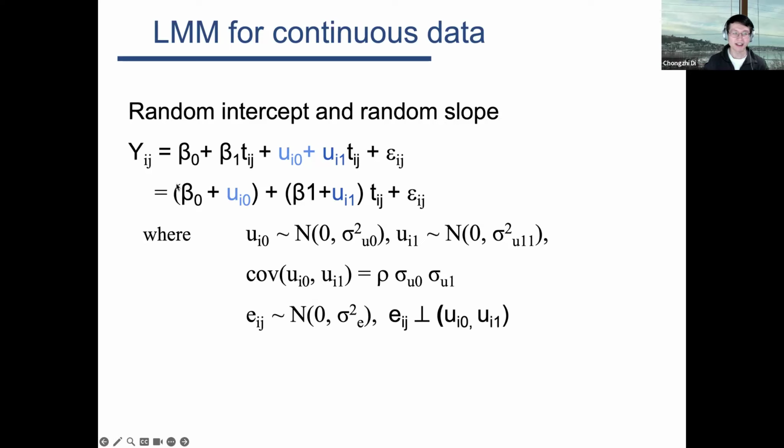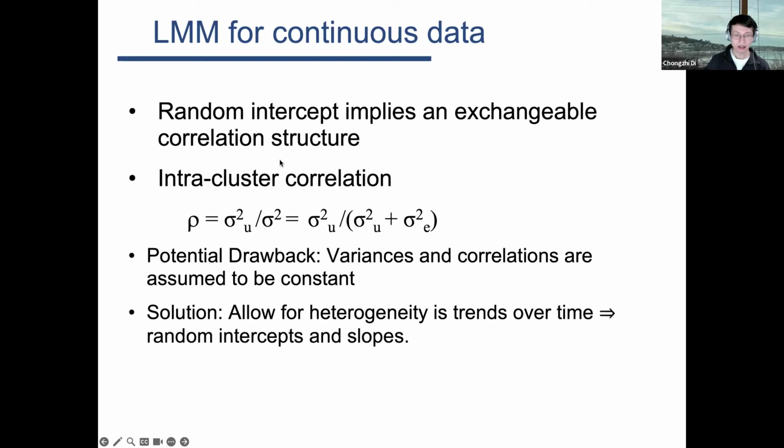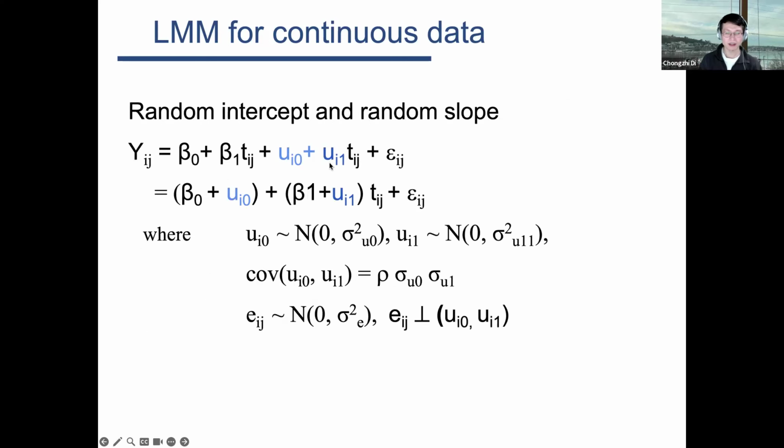In this case, again, you have a population average linear trajectory, beta 0 plus beta 1 t, but then you allow each individual to have a different intercept. So you add a random intercept u_i0, and also you add another slope for this individual, u_i1 t_ij.